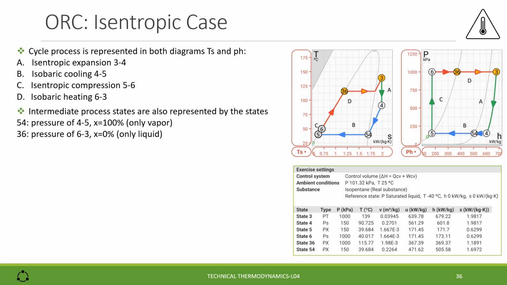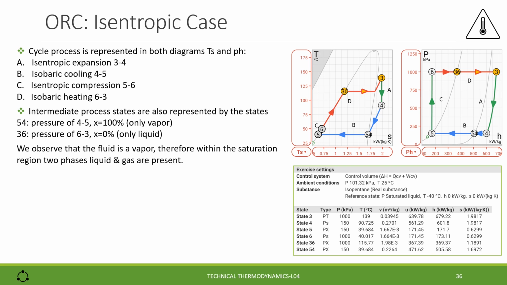There is only liquid. We observe that the fluid is a vapor, as we said in the beginning. Therefore, within the saturation region, there are two phases, liquid and gas. The saturation region is displayed in the bell within the charts.